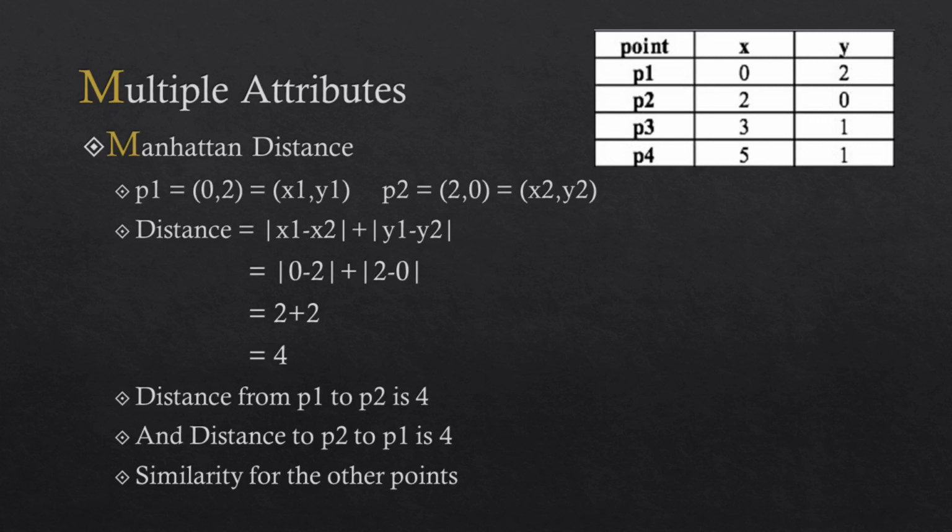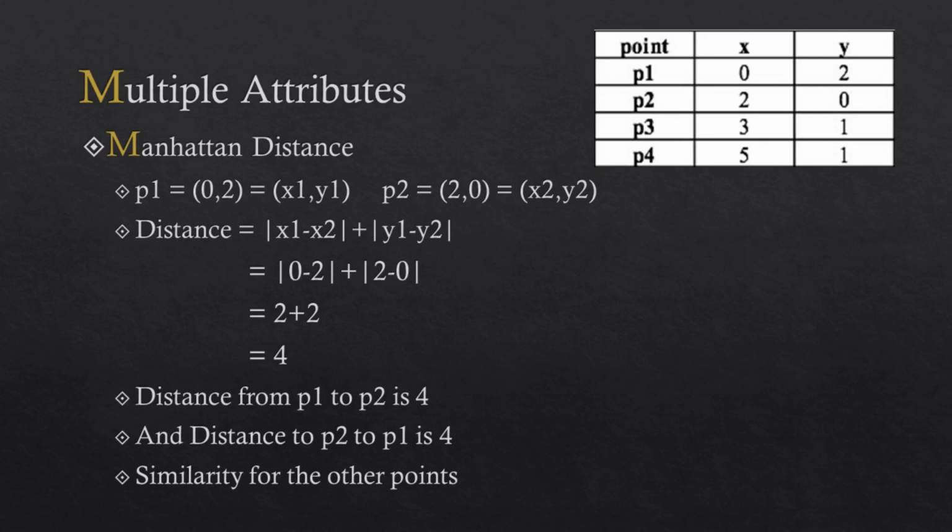So point 1 is equal to 0, which is the value of x1, by the way, and 2 is for the value of y1. And point 2 is equal to 2, which is the value of x2, and 0 for the value of y2. So to solve for the distance, we can easily formulate x1 minus x2, then add it to the total of y1 minus y2.